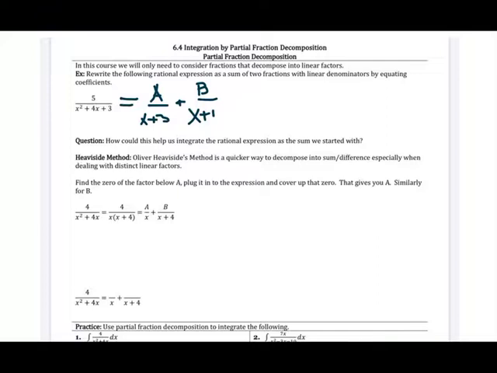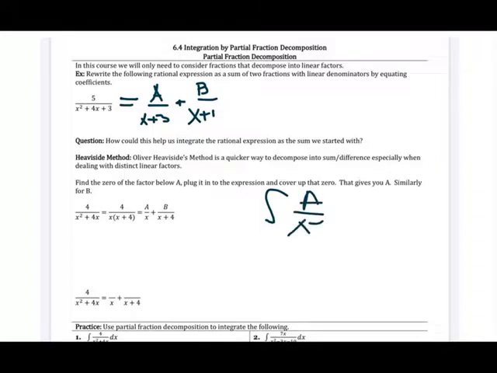And before I even remind you how to do a problem like this, I want to show you why doing this can help you with integration. Noticing that the numerator is 5 in the original expression, if we integrated, we can temporarily just assume that a and b are some constants.